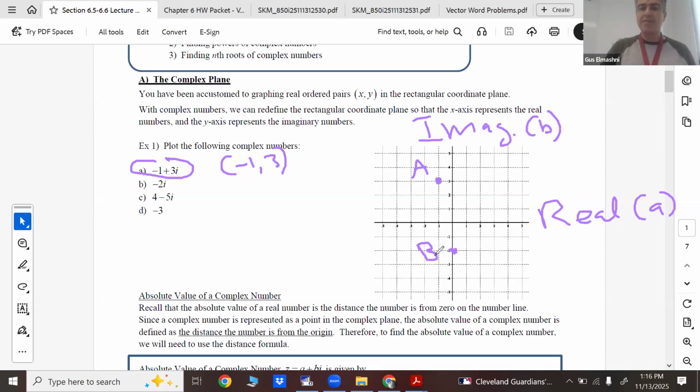Or the imaginary axis. How about 4 minus 5i? What quadrant? It's right there. How about -3? In between Q2 and Q3? Yeah, pretty simple. So that's how you graph a complex number. It's not that complex.